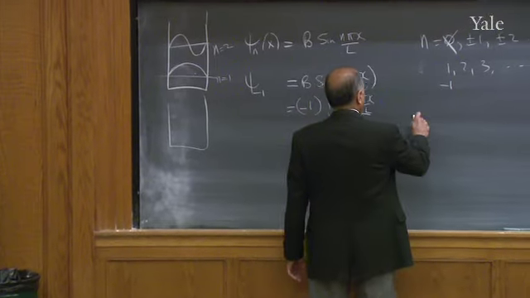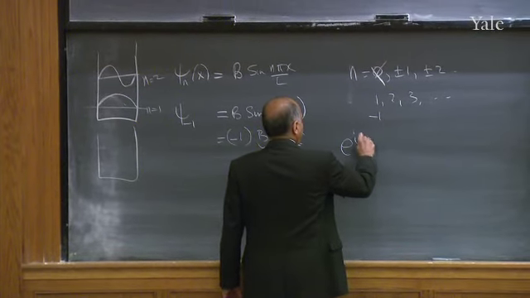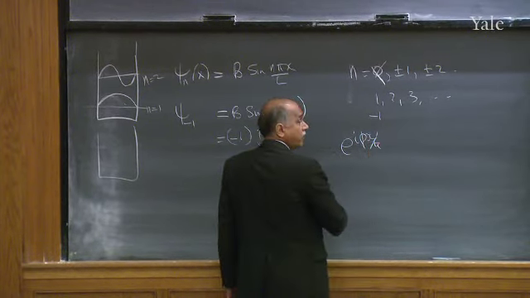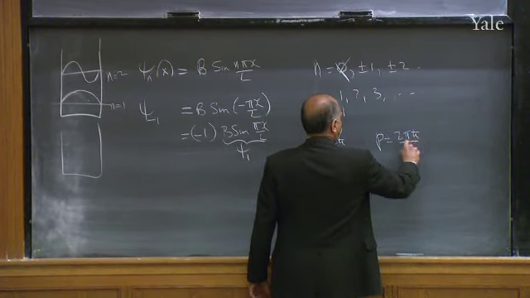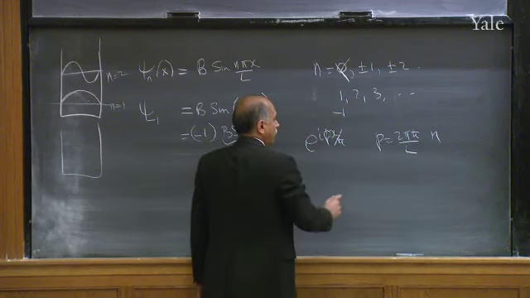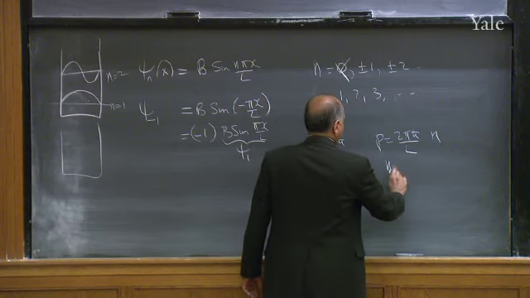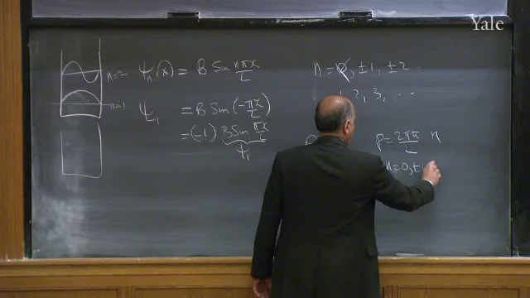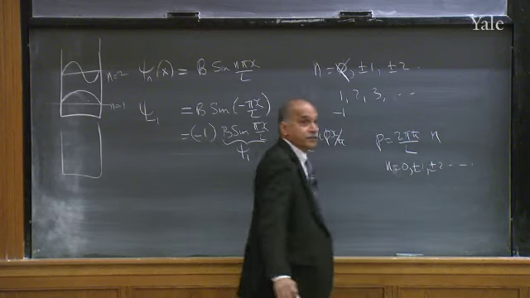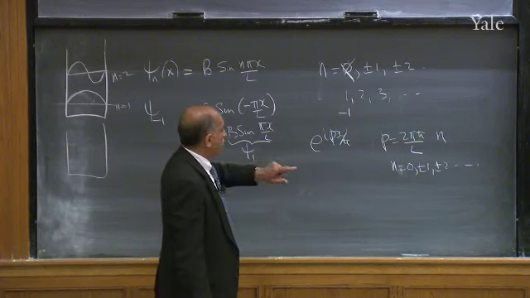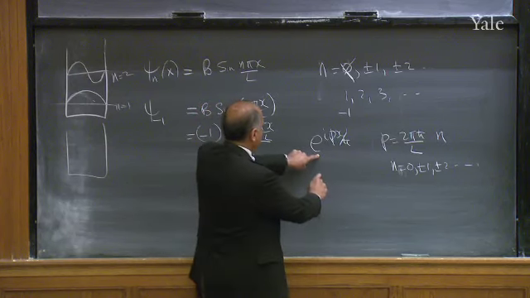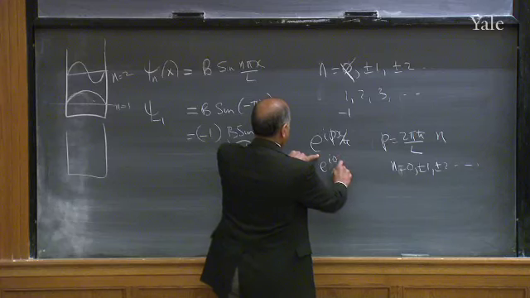But be very careful. When I did a particle on a ring, I did e to the iPx over h bar, where I said p is equal to 2 pi h bar over L times any integer n. There I let n be equal to 0, plus minus 1, plus minus 2, etc. Why did I allow that? First of all, in that case, e to the i times 0 is not 0.